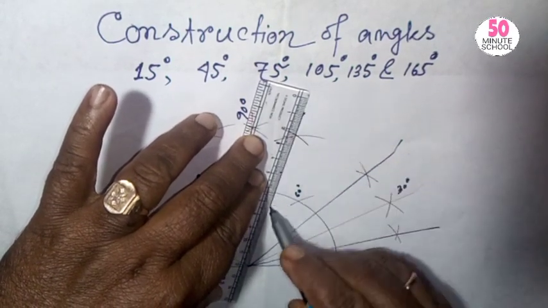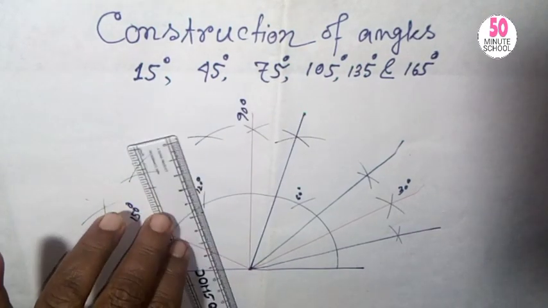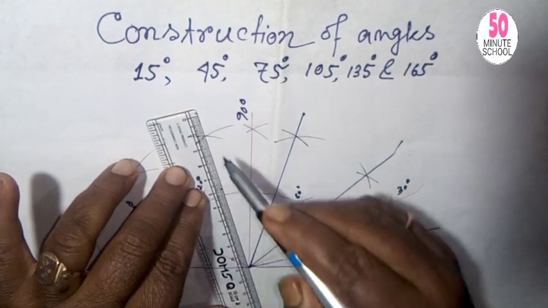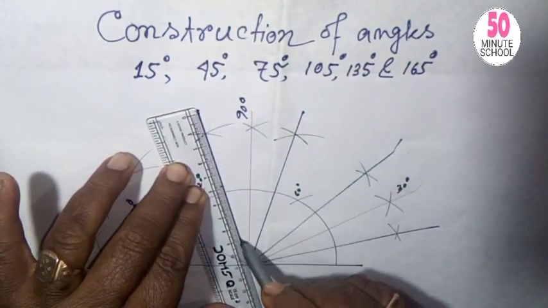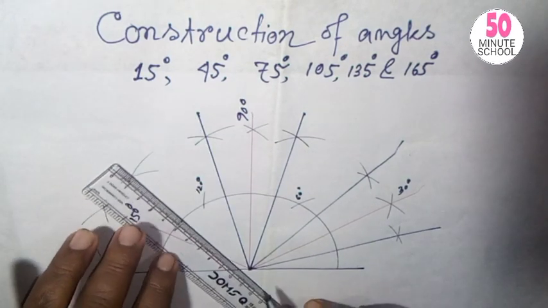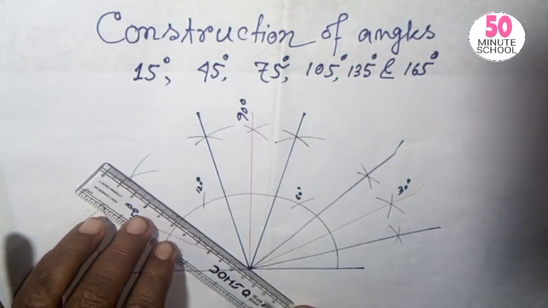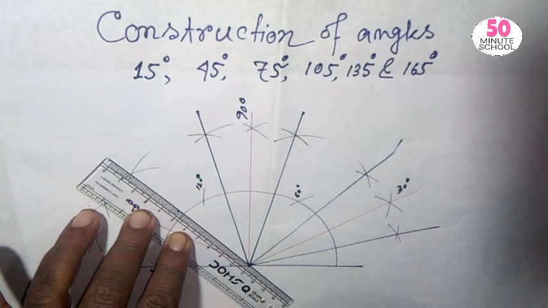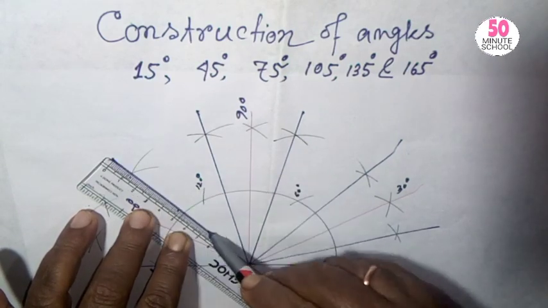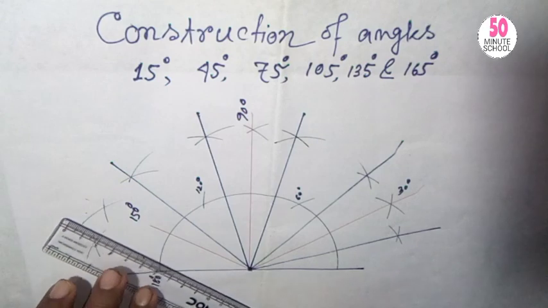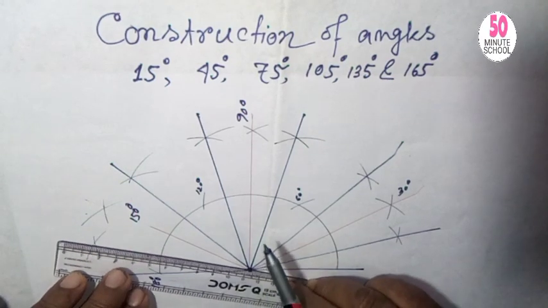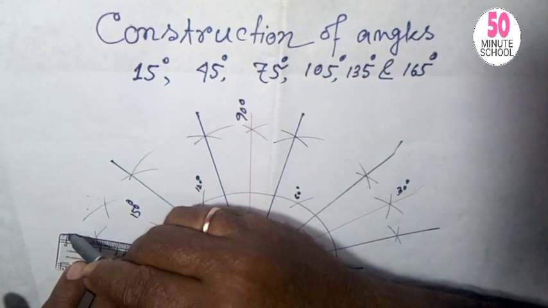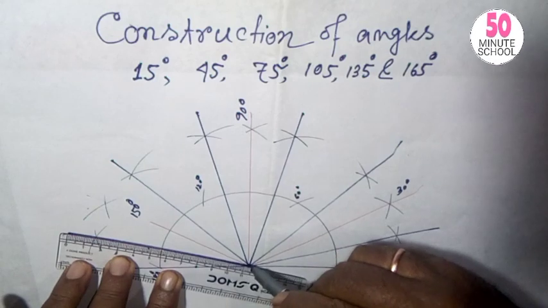And this point and this point, connect them. This point and this point, connect them by the ray. And this point, connect them by the ray. And this point lastly, join them by the ray.